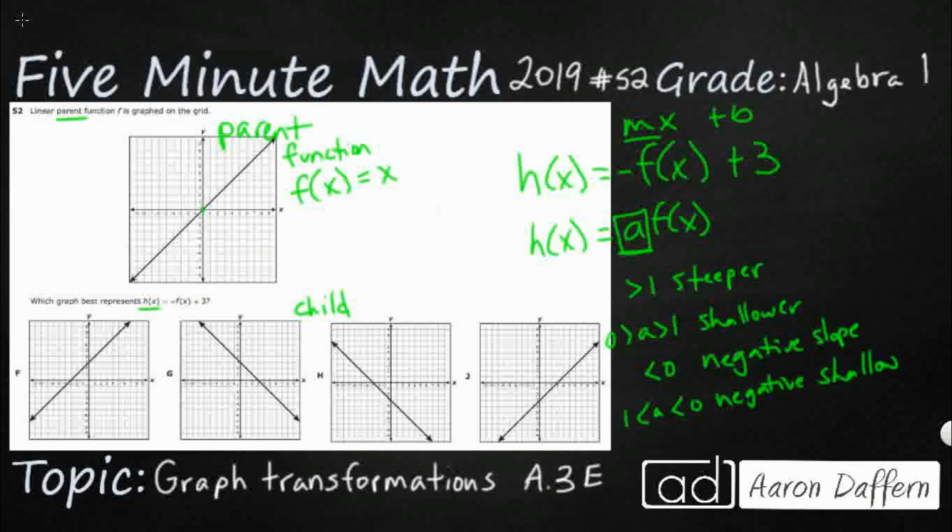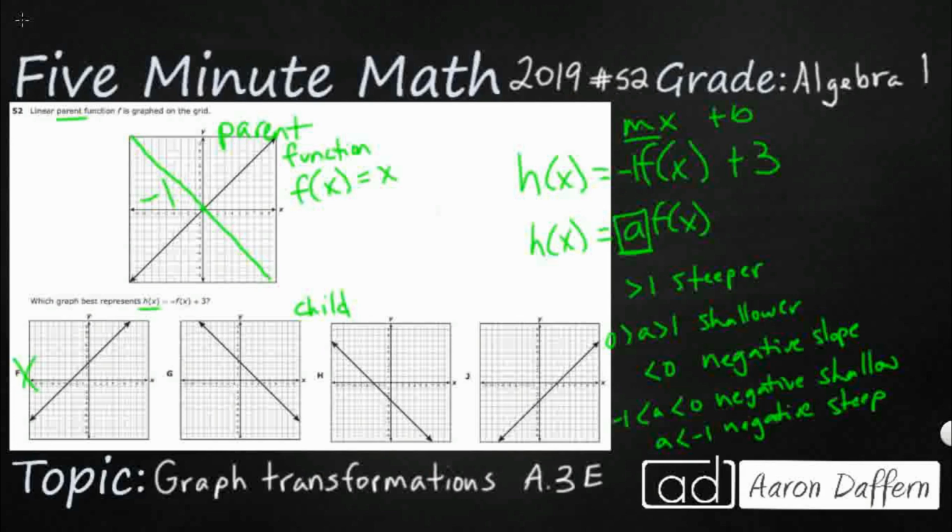If it is less than negative 1, then it's going to be negative, and it becomes very steep. Since we just have this negative f of x, that's really just a negative 1. So it's going to live right there. It's not going to be negative shallow. It's not going to be negative steep. It's just going to be negative. So that negative 1 just flips the slope, and it just makes it go negative.